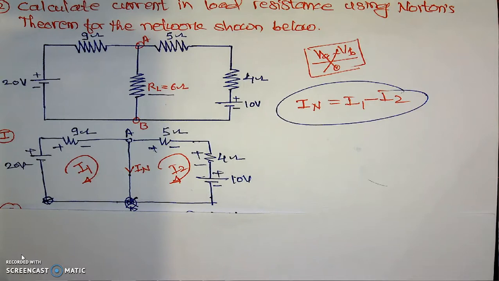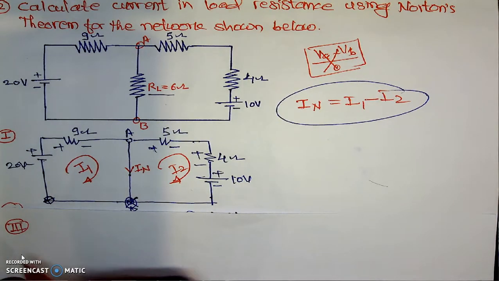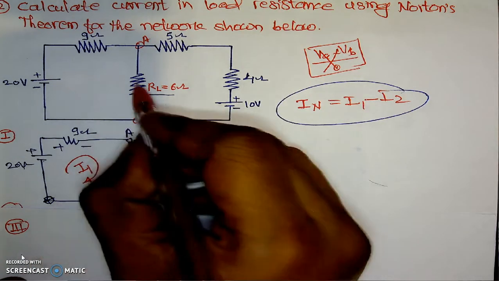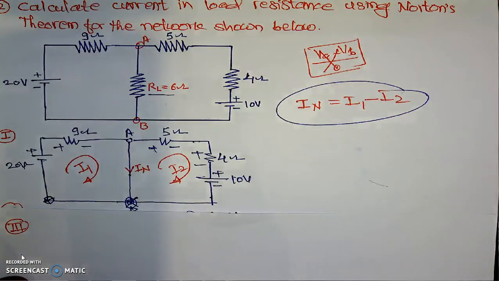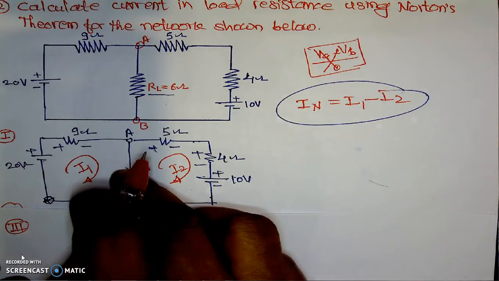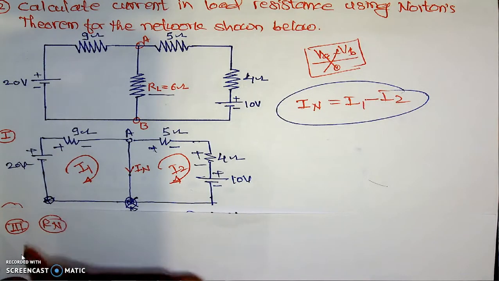If we are using step number 3 for that calculation, we are removing the load resistance and replacing the sources by their respective internal resistances. We should not use this figure for the calculation of the Rn. I repeat many times.